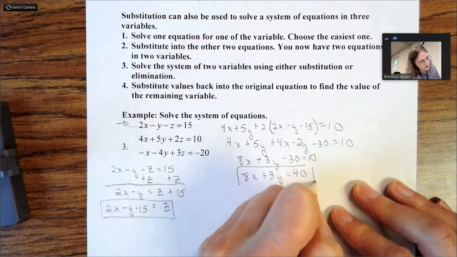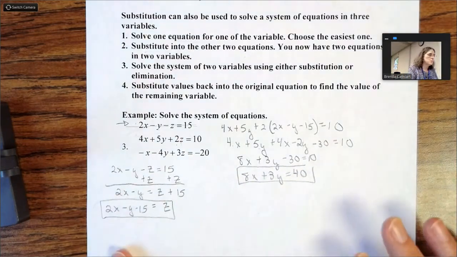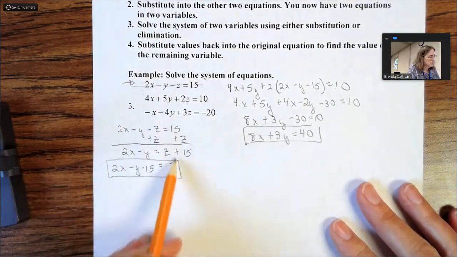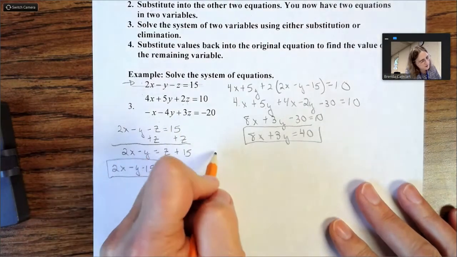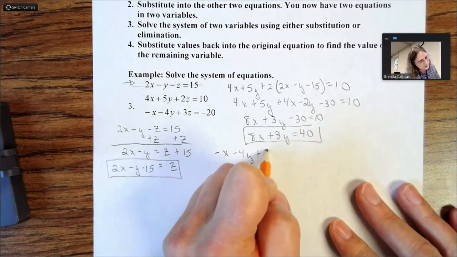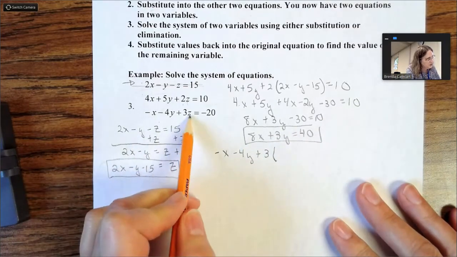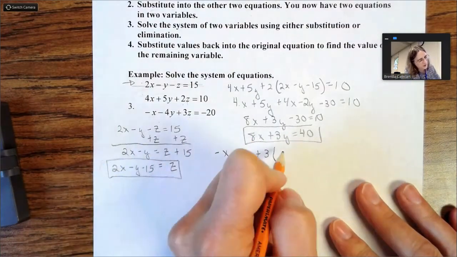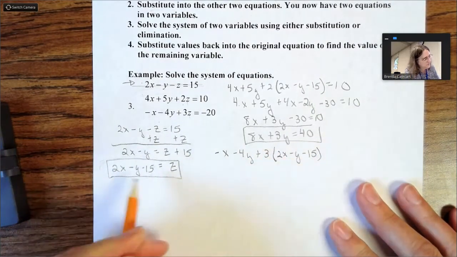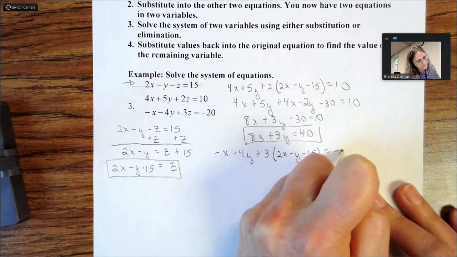This equation has just the variables x and y. Now let's substitute into our third equation, again replacing our z. So we have negative x minus 4y plus 3 times our value for z, which is right here, 2x minus y minus 15 equals negative 20.